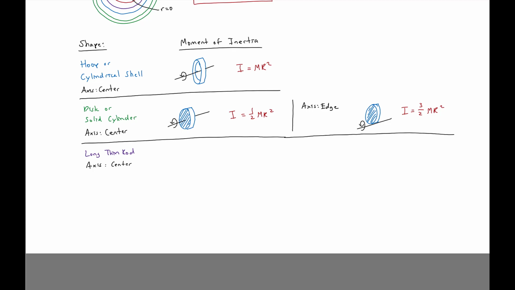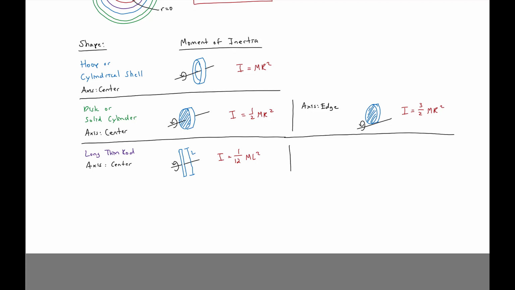So in this case, we have a long, thin rod of length L, and let's draw this a little bit better. That's L. We have rotation about the center. And this is going to give us a moment of inertia of 1 over 12 ml squared.